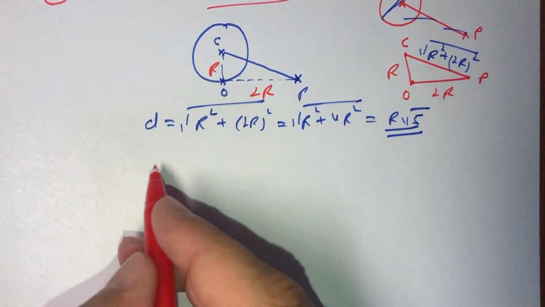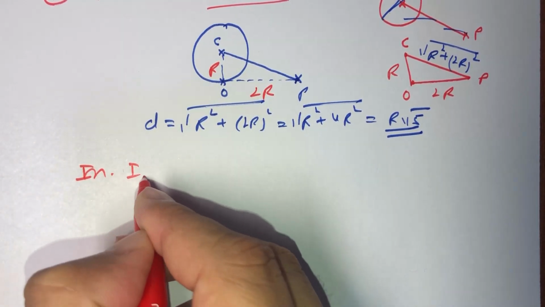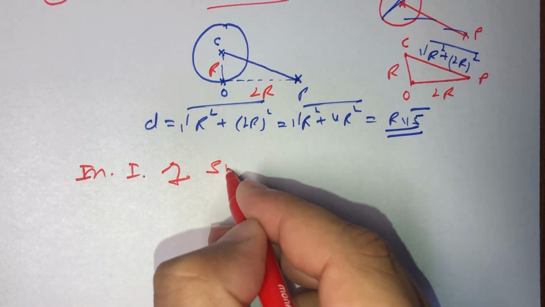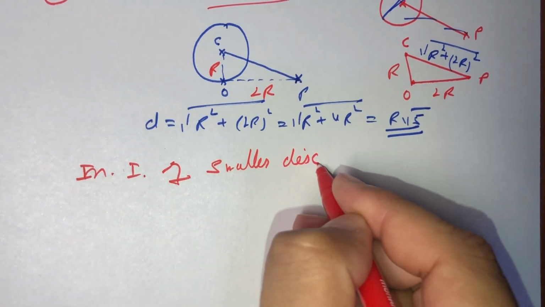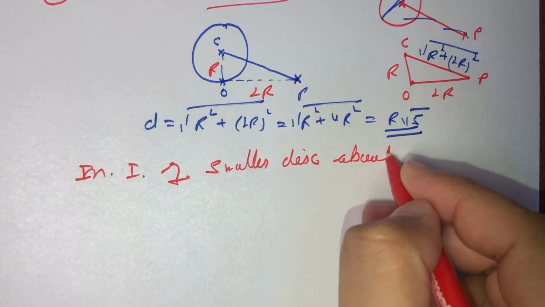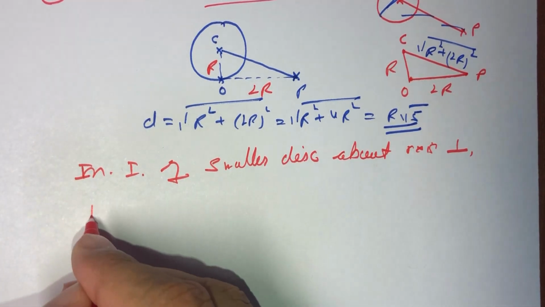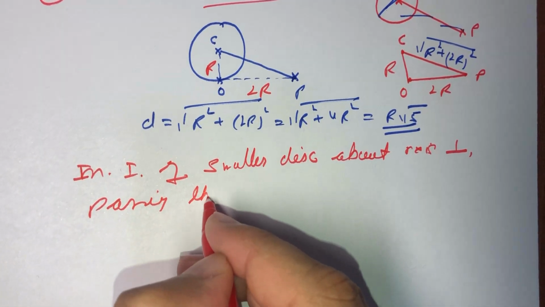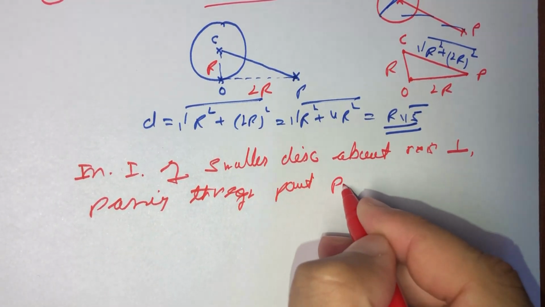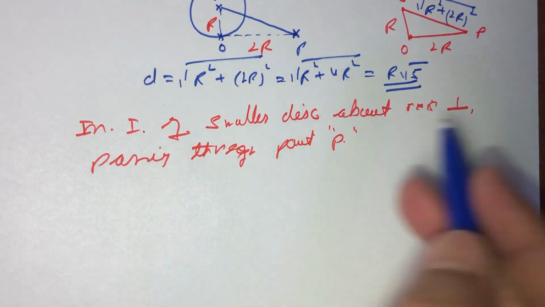So we can say the moment of inertia of the smaller disk about the axis perpendicular passing through point P. So we are going to use the theorem of parallel axis.